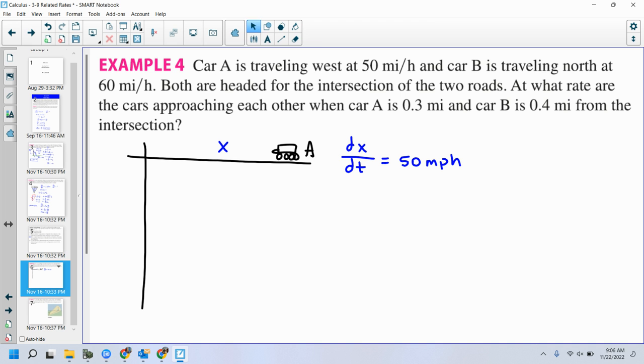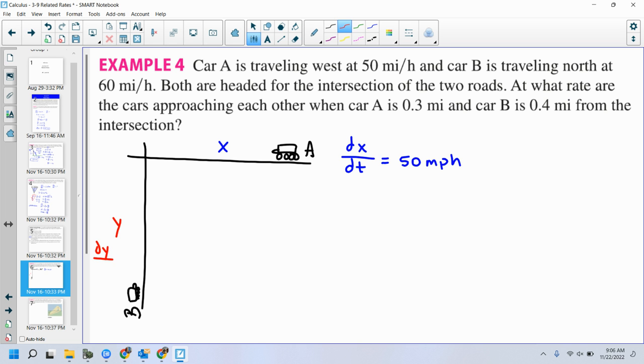I have another car, car B. They both look like box trucks. Car B, let's use our y value. Traveling north at a rate of 60 miles per hour.